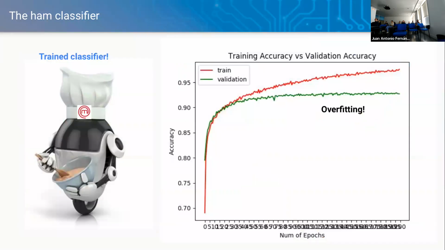Okay, so this is actually a typical curve that you can create when you are training your classifier, and that allows you to know if the training is going well or if it's going wrong or if you have to stop training.